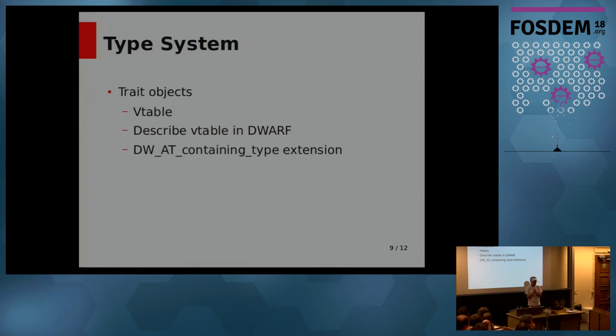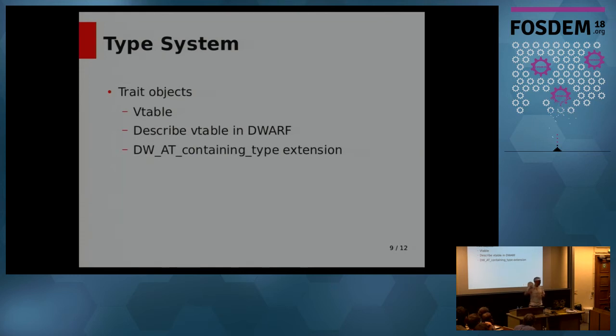We emit something that describes the virtual table at least a little bit, and we made a DWARF extension where the V table has this thing. We add a containing type attribute so that this V table points to the concrete type for which it was implemented. And what that means is when you get a trait object in GDB and you go to print it, GDB knows, through hackery, that it's a trait object.